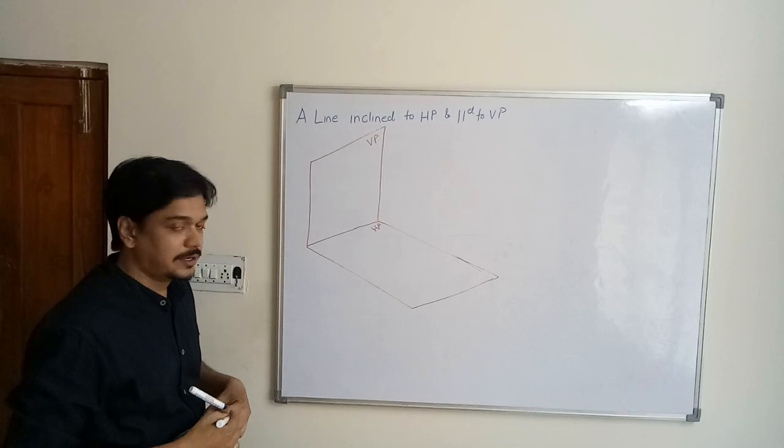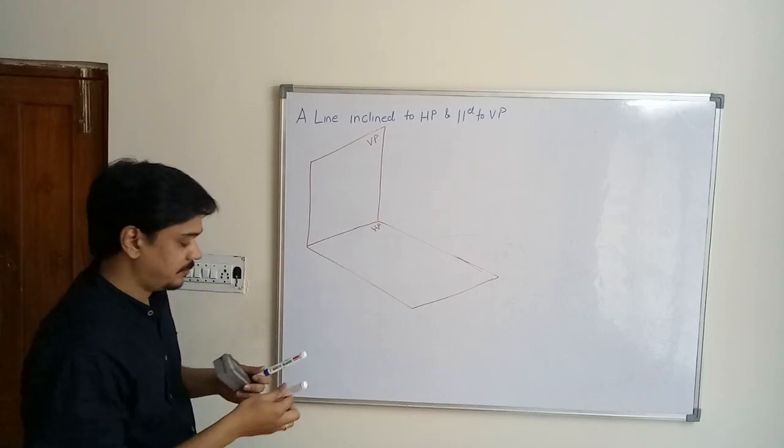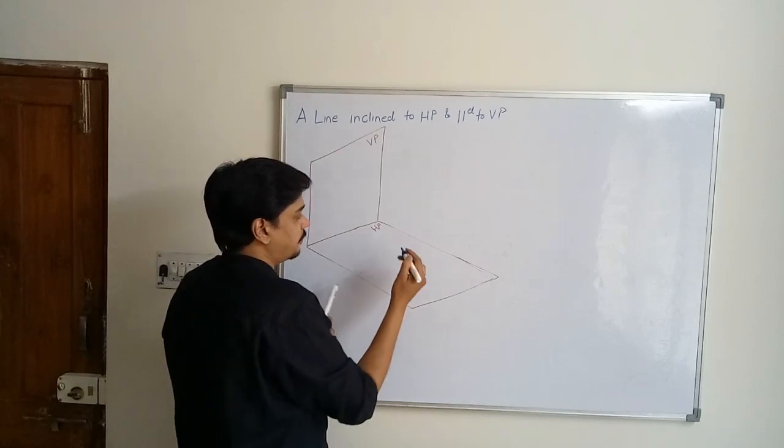Now what is our assumption? That a line is inclined to horizontal plane and parallel to vertical plane. So how will that line look?